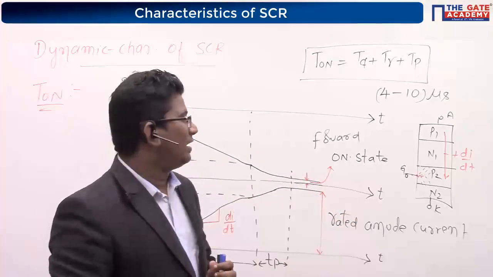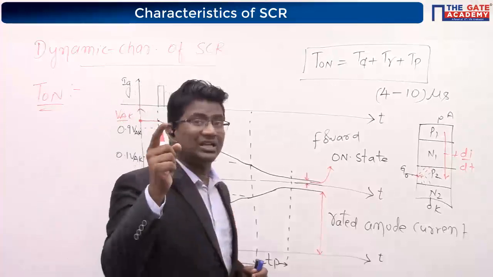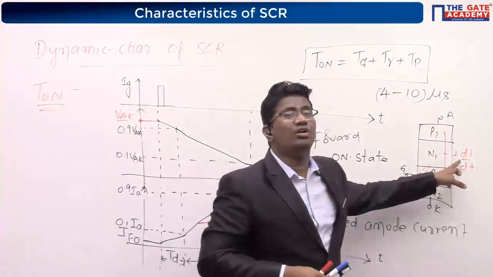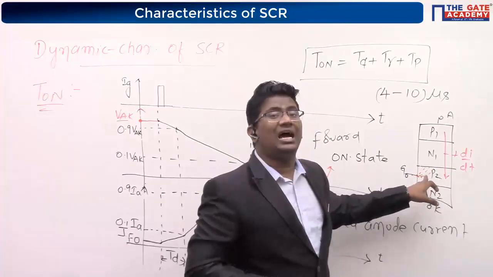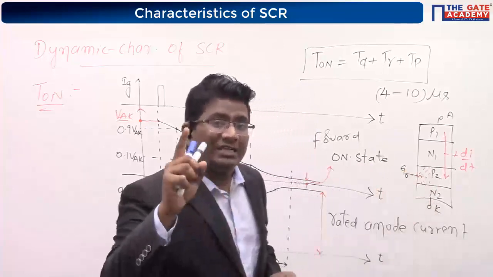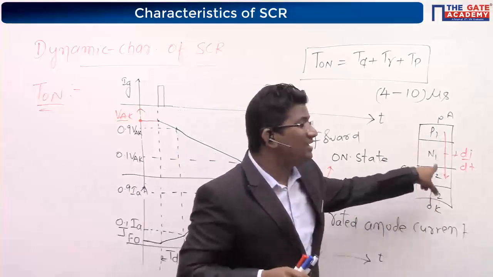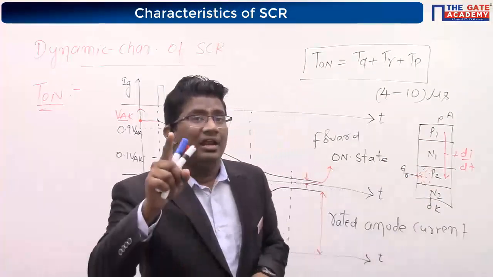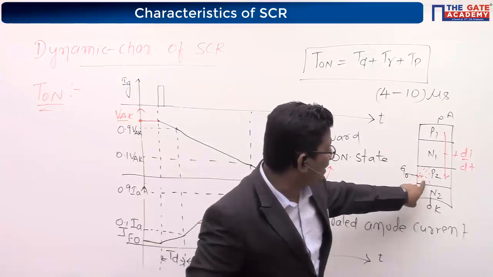Now what will happen if the external di by dt is more than this charge spreading velocity? Tell me what will happen. Can I say all the charged particles will accumulate at one particular place or not?